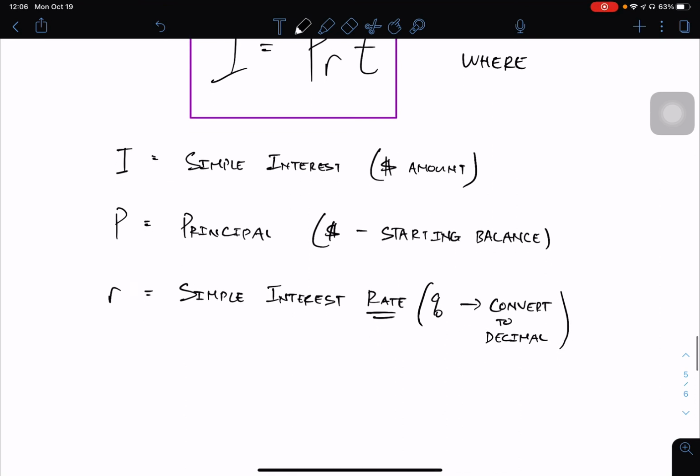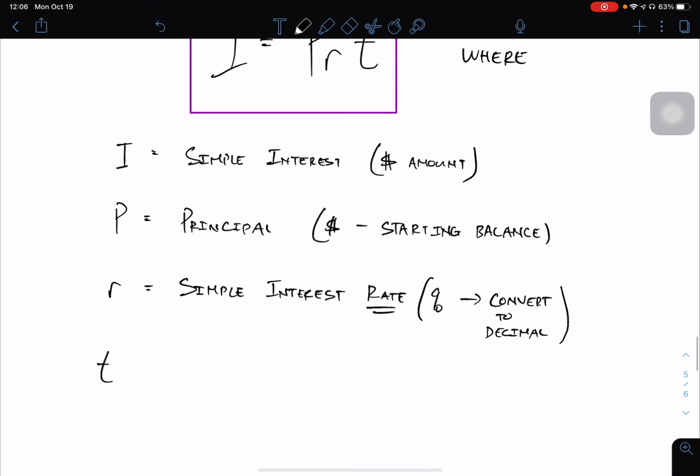And last but not least, T. T is time, but the trick about time is that it must always be expressed in years.